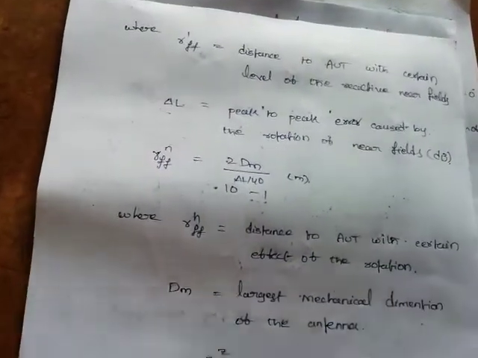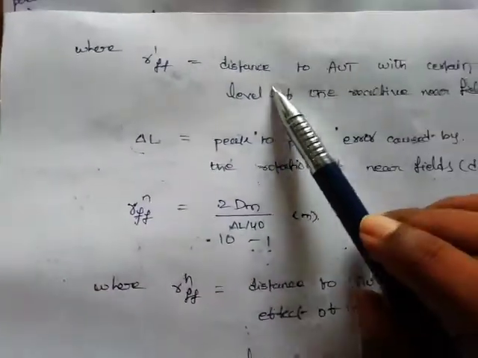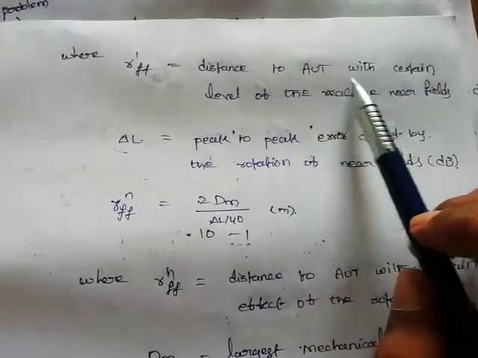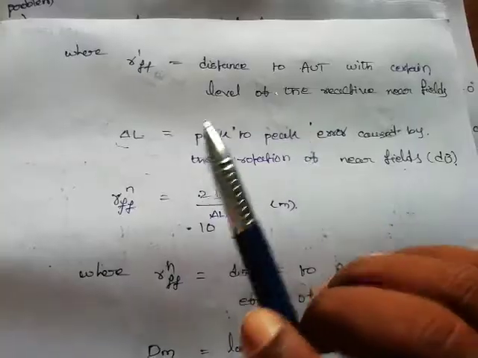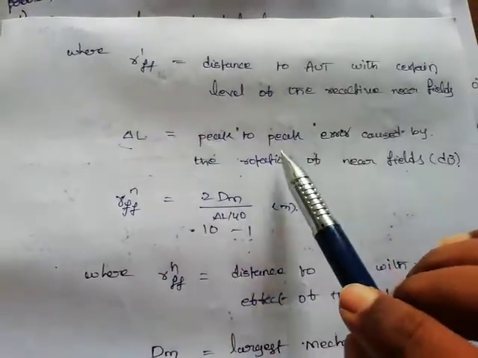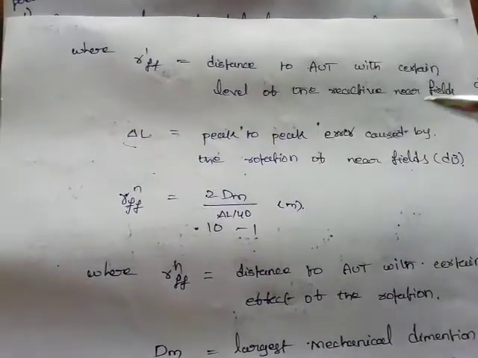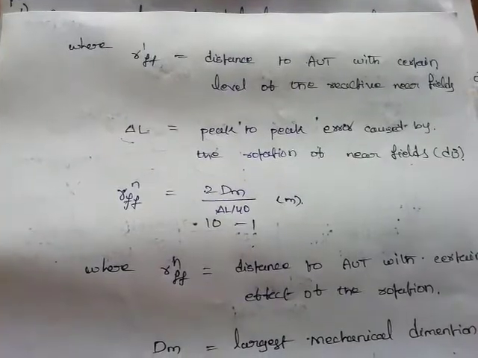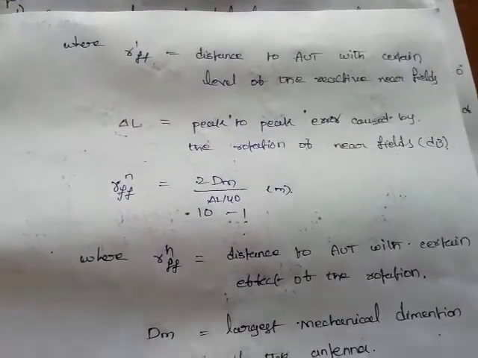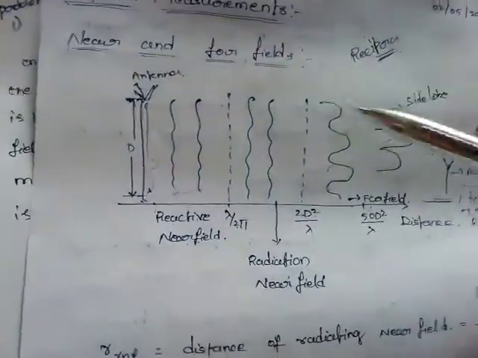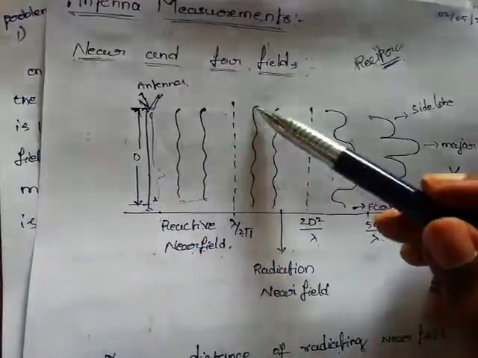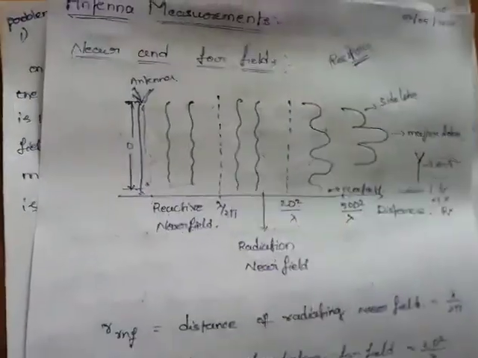Here R dash FF is the distance to the antenna under test with a certain level of the reactive near fields. Next, delta L means the peak to peak error caused by the rotation of the near fields.